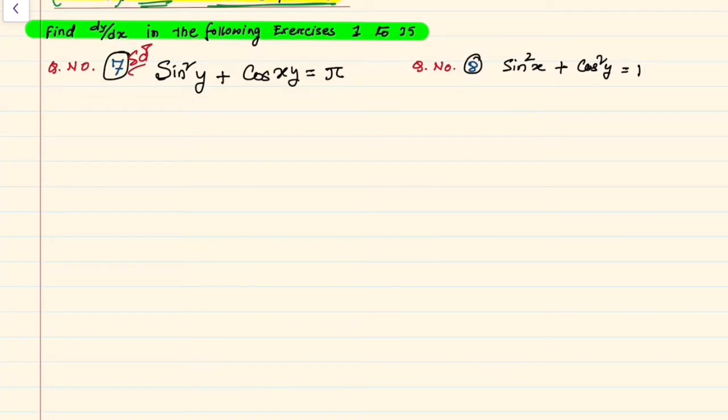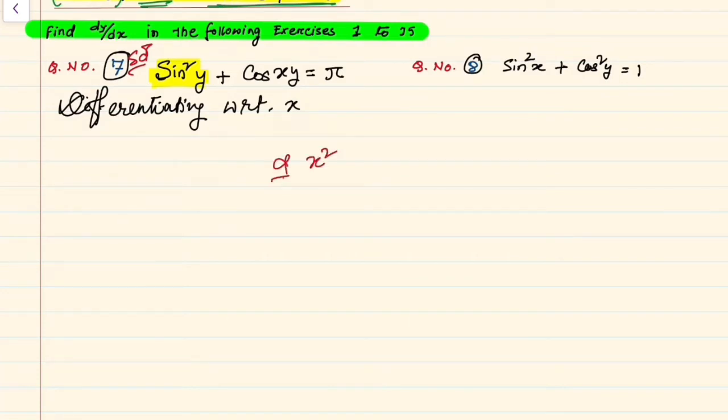So differentiating this with respect to x, in order to differentiate sine square y, you have to assume this one as x square. If you assume this one as x square, the derivative of x square is twice x.